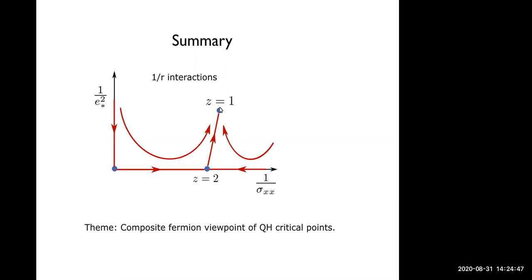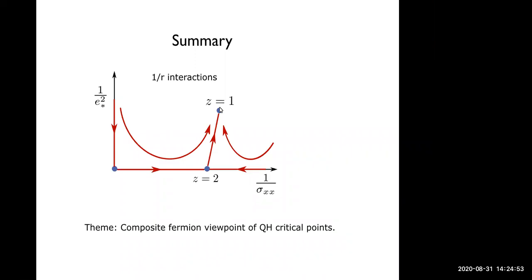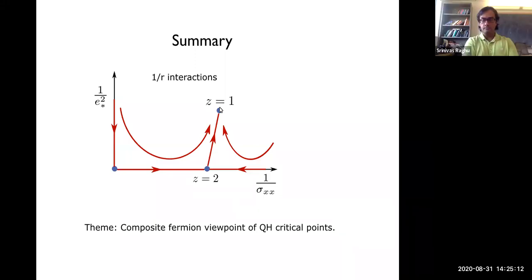Nice talk, Sri. This is Rudro. Hi. Just wanted to understand this point, which you made at the very beginning of your talk, which is that in order to understand the exponents for the plateau transitions in integer quantum Hall states, I think you said that we need to take into account interactions. Is that true? Yes.